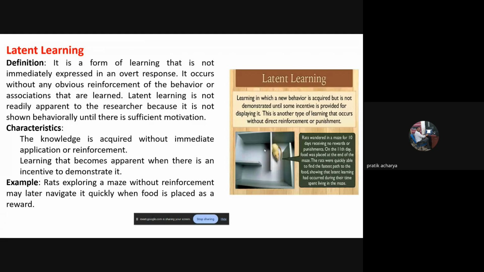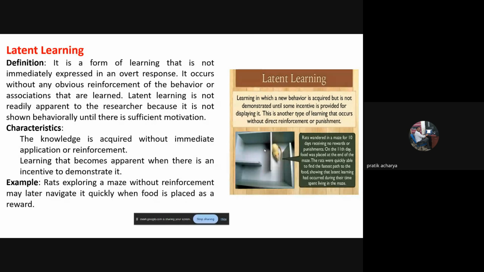The end path will be much faster if there are certain foods or rat-loving substances. That is the reward for the rat. Without reward, the rat is unable to find the path very quickly. That pattern of behavior is the latent learning pattern.